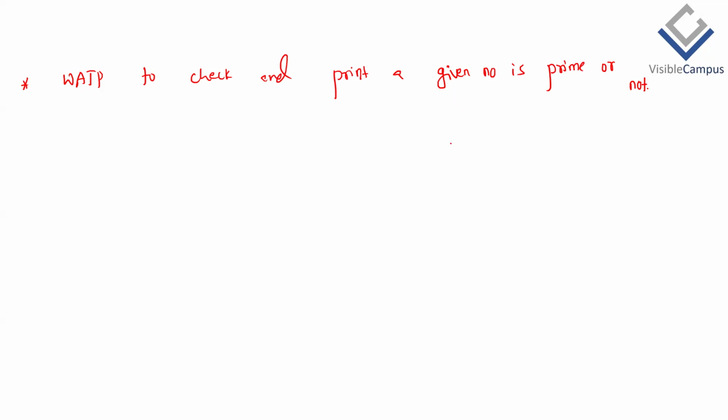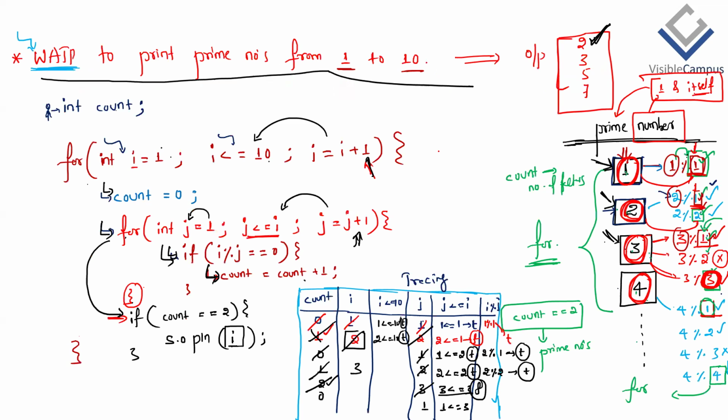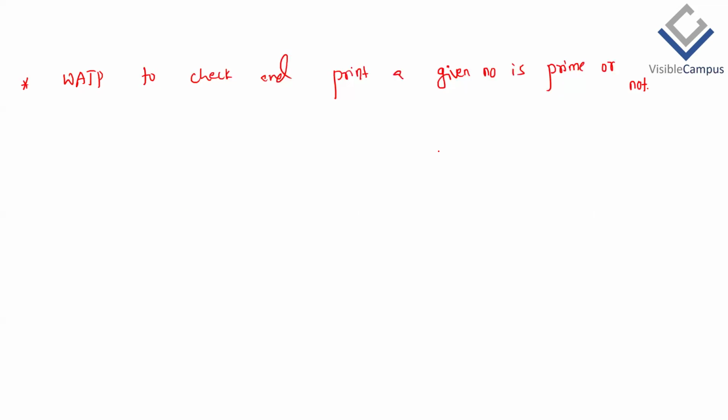Is 50 a prime number or not? You have to print it. Understood? For example, if you are giving 97, is 97 a prime number or not? You have to think of the logic. So for all prime number based questions, this is the base logic. With some modifications here and there, you have to write the logic for the remaining questions.